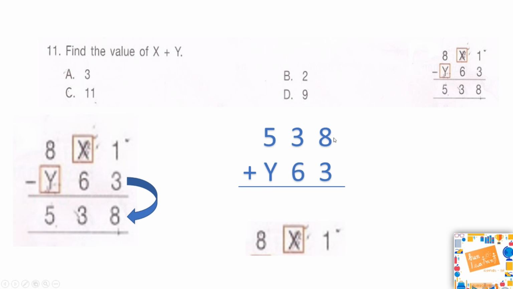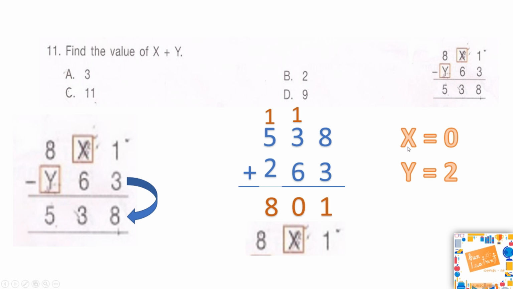If we add the figures here, 8 plus 3 gives us 1, carry 1. 6 plus 3 is 9 and 1 is 10, 0 carry 1. And then it is 5, 6. But we already know that the hundreds place number is 8. So y will be 2, as 6 plus 2 makes it 8. Hence, we know that x is equal to 0 and y is equal to 2. So x plus y is 0 plus 2 and our answer is option B, 2.